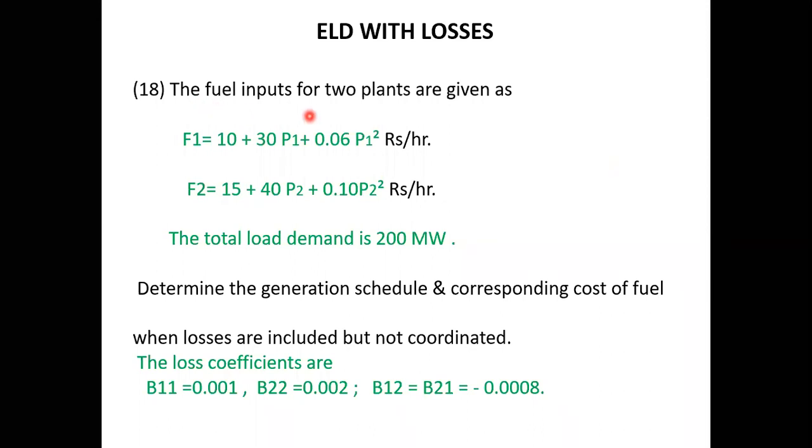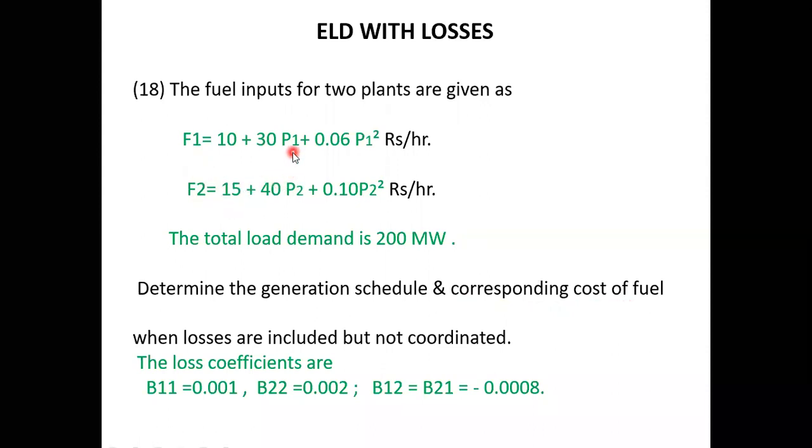Here the fuel inputs for the two plants are given as F1 and F2. And the total load demand is 200 megawatts. And they're asking, find the generation schedule. Generation schedule means we need to find out P1 and P2 and the corresponding cost of fuel. So we need to find out F1 and F2 also.